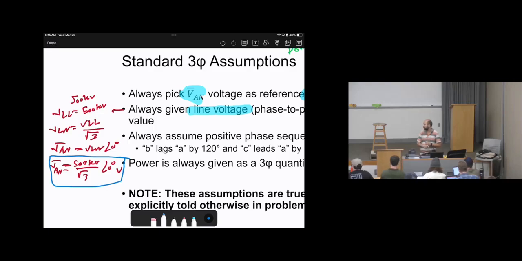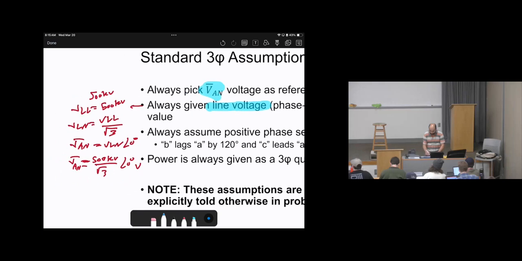Then from this information, you need to do this procedure. We will use these three from now until the end of the course, I think more than 100 times. V line to neutral equals V line to line over root 3. Then VAN will be V line to neutral angle 0.